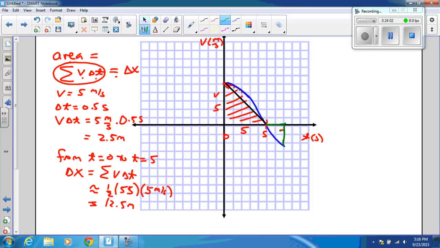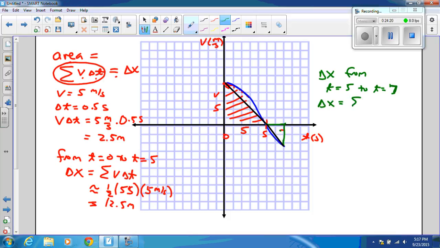If my area includes any times for which the velocity is negative, such as from here to here, then the displacement during that time period is going to come out as a negative number, because the velocities are below the axis.